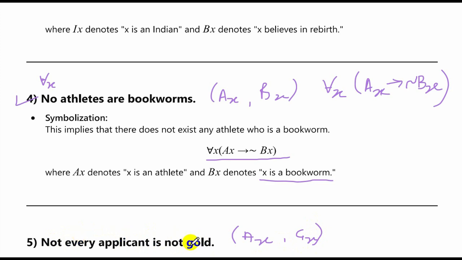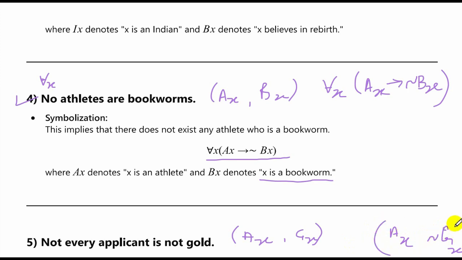As in the previous one, no athletes are bookworms means athletes are not bookworms. Similarly, applicant is not gold. So we have to negate the gold part. We can just write this first, Ax and Gx, and we have to negate this first.